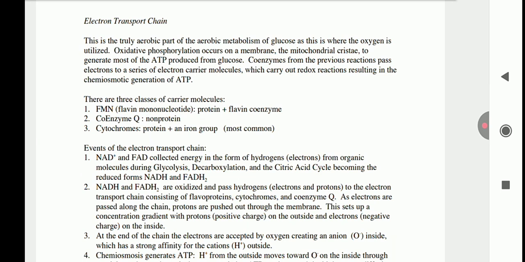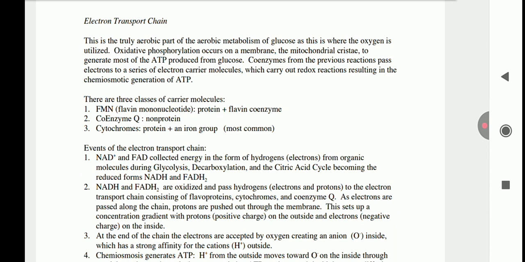There are three classes of carrier molecules: flavins, coenzyme Q, and cytochromes. Events of the electron transport chain. First, NAD positive and FAD collect energy in the form of hydrogen from organic molecules during glycolysis, decarboxylation and the citric acid cycle, becoming the reduced forms NADH and FADH2.